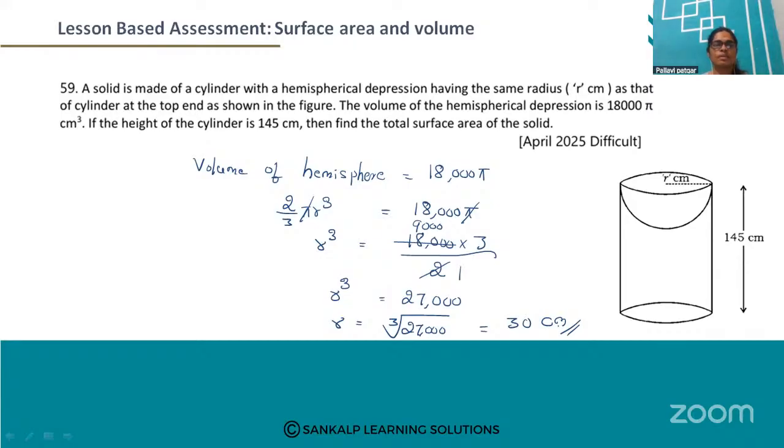Okay, so now calculate the total surface area of the solid. The total surface area of the solid is the sum of the curved surface area of the cylinder, the curved surface area of the hemisphere, and the base area of the cylinder.